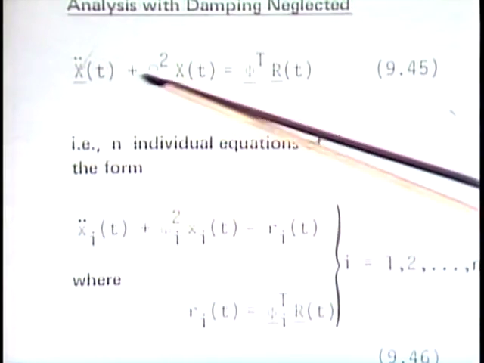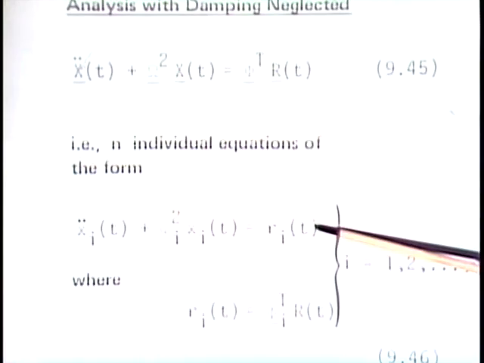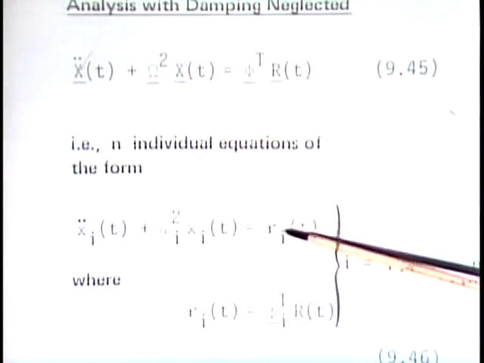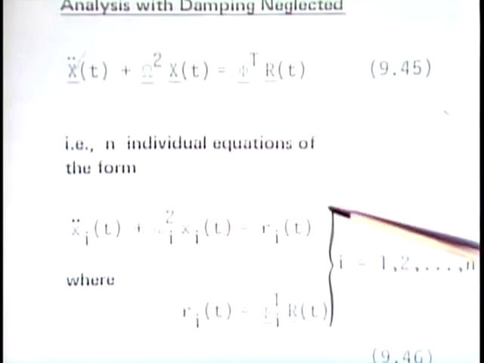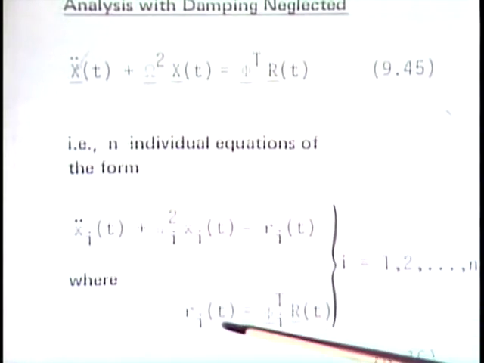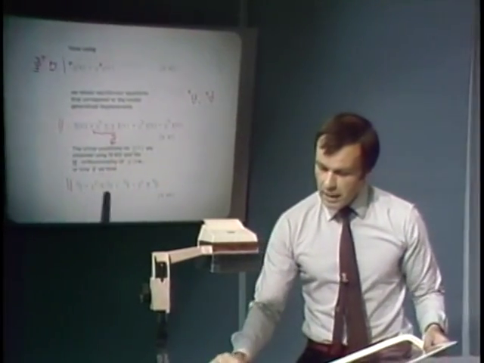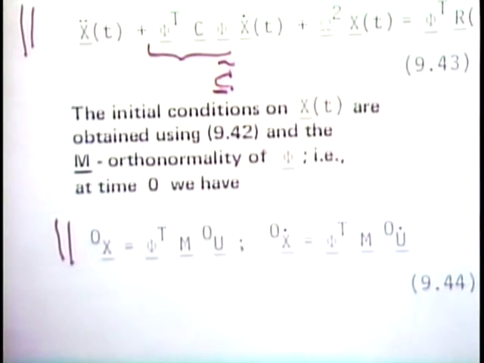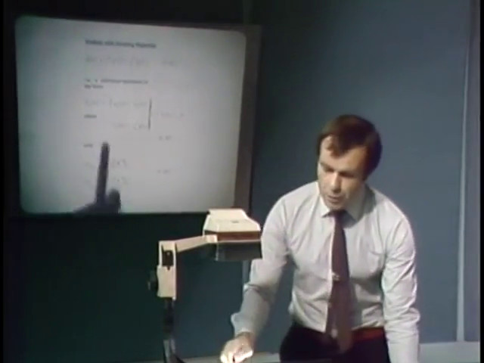The ith row in this relation is the ith equation here, in other words, i subscripts on these variables, and in general, therefore, we want to solve n such equations, i going from 1 to n, with this being the load vector, and of course with these initial conditions. These initial conditions are obtained by simply looking at this equation here and extracting the ith row from each of these two relations. So this is then the problem.